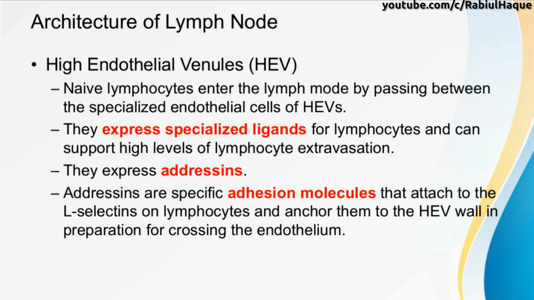They express addressins. Addressins are specific adhesion molecules that can attach to L-selectins on lymphocytes and anchor them to the high endothelial venule wall in preparation for crossing the endothelium.